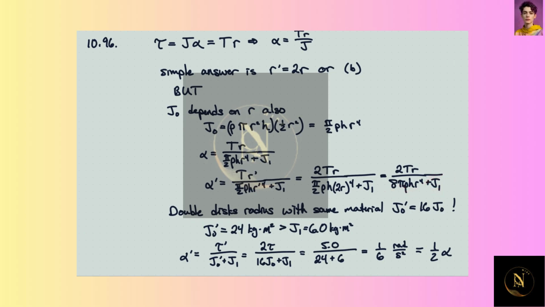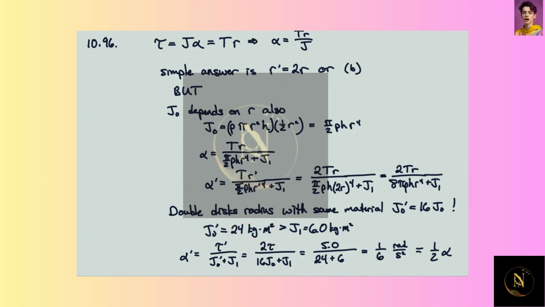Okay, so what we can see here is clearly doubling the radius causes the mass moment to go up by a factor of 16, so 2 to the 4th, which would completely obliterate the extra torque that we get here, right? So that goes up by a factor of 16. So now, instead of 1.5, it is now 24.